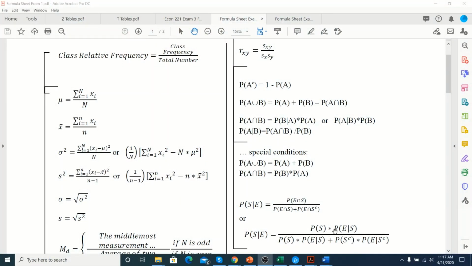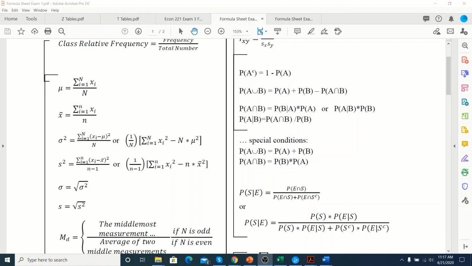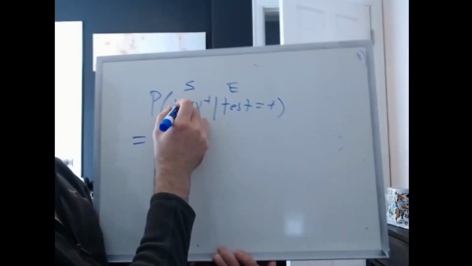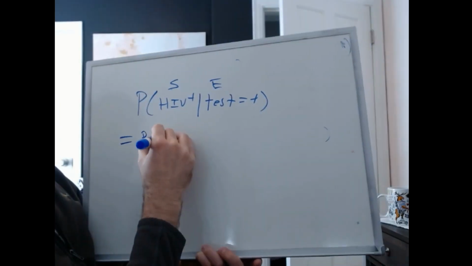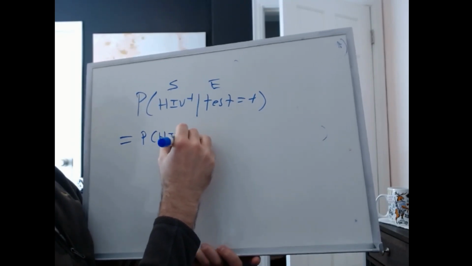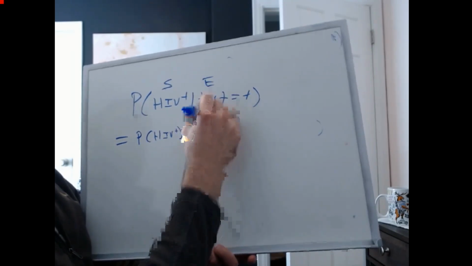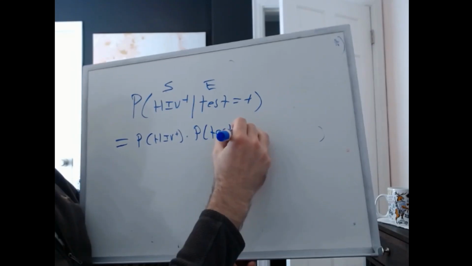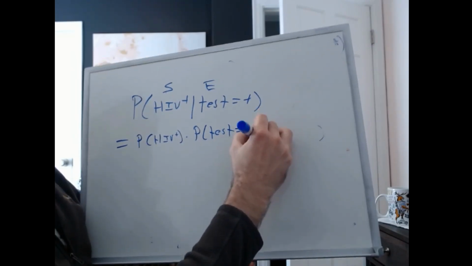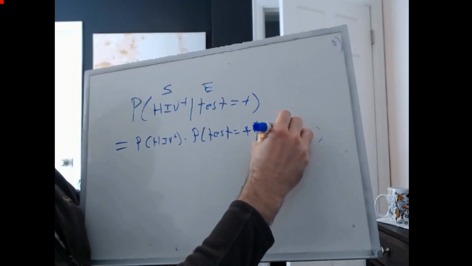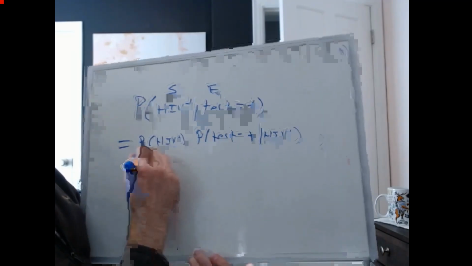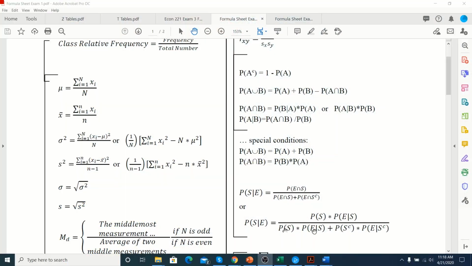So the probability of S times the probability of E given S, divided by, we go back to our formula, the same thing in our numerator, plus the probability of S complement times the probability of E given S complement.